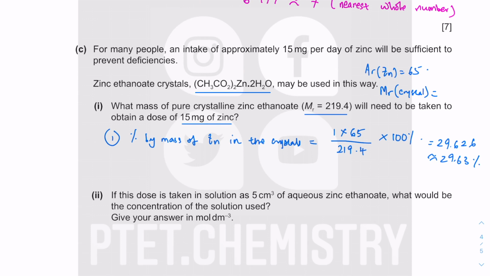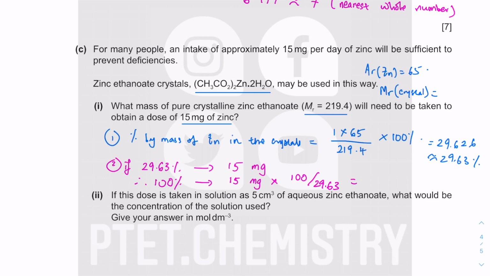So if 29.63% is 15 milligram, therefore 100% must be a lot more than 15 milligram, which is 100 over 29.63, because you want to know out of the whole thing, of which only 29.63% is zinc, the mass is going to be a lot more.